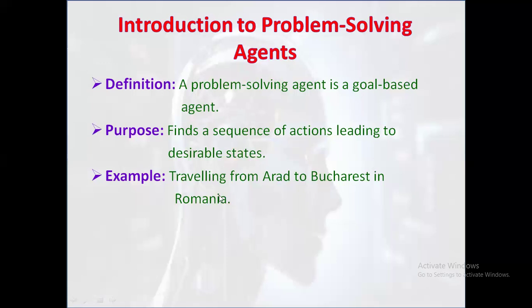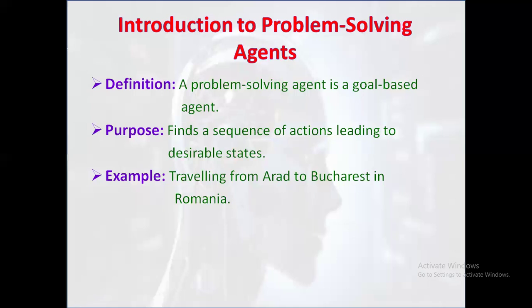Let us see a classic example. In this case, we are going to see the example of traveling from Arad to Bucharest in Romania. A classic example of a problem solving agent is one tasked with navigating from Arad to Bucharest in Romania. In this scenario, the agent's goal is to find the best route considering factors like distance, time, and other constraints.